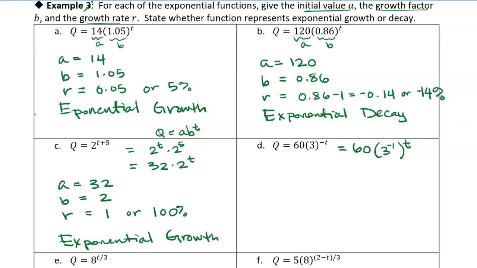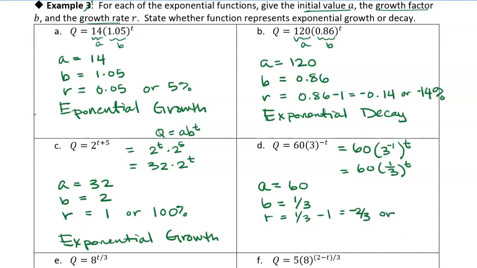We have minus 1 times t, so I can write this as a power to a power. And 3 to the minus 1 is just 1/3. Now we have it in the right form, and we can see that a is equal to 60, b is 1/3, and so r is equal to 1/3 minus 1, which is a negative 2/3.